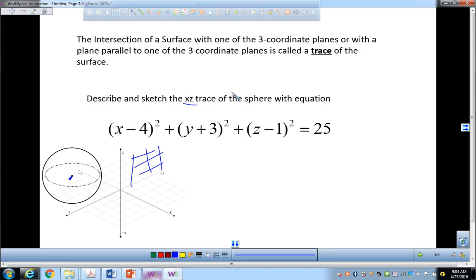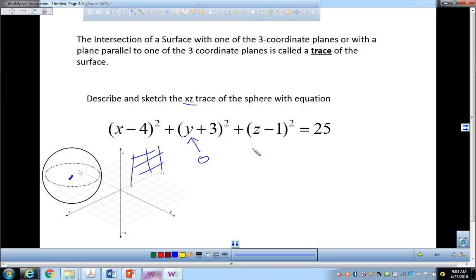And so describe and sketch the XZ trace. The way you find out what that equation is by plugging in what's the y coordinate in the XZ plane? 0. So you plug in 0 where you see a y, right? Do you understand that? Because the y coordinate is 0.